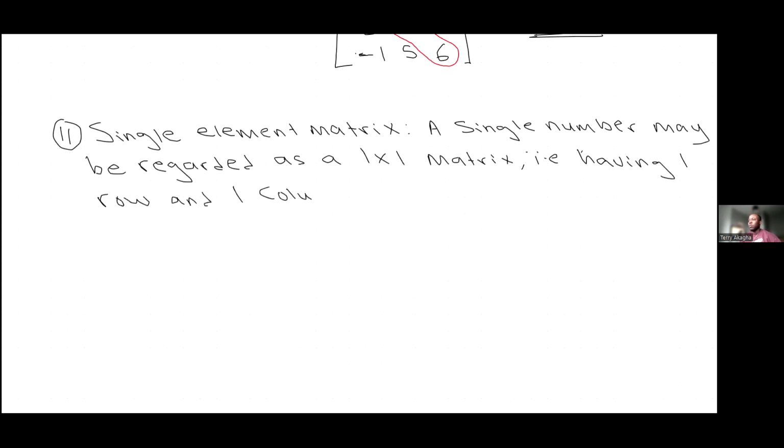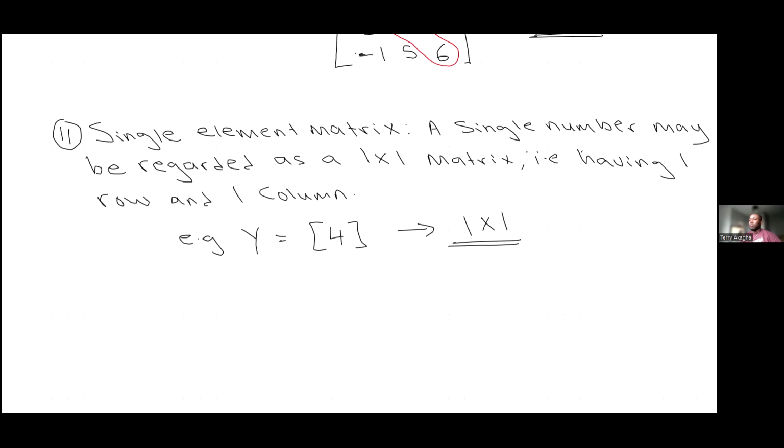So for example, you have y is equal to 4. This is a single element matrix, and this is an example of a 1 by 1 matrix. Okay, so that's what you have there.